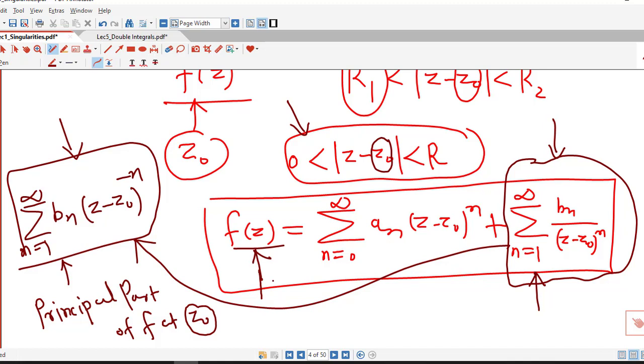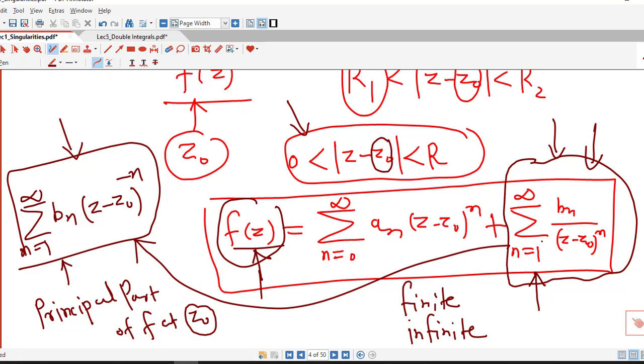For some functions it may have a finite number of terms, for some an infinite number of terms, and for some functions the principal part contains no terms. So depending on the number of terms in the principal part, we have different types of isolated singularities.